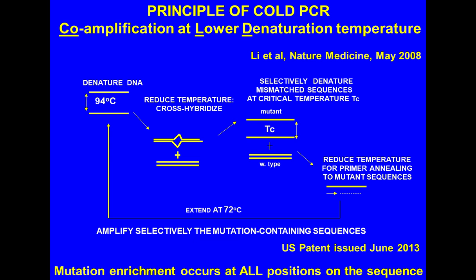So obviously, if you use a hybridization at 70 degrees, the primer should not appreciably bind at 70 degrees in order for this to work.